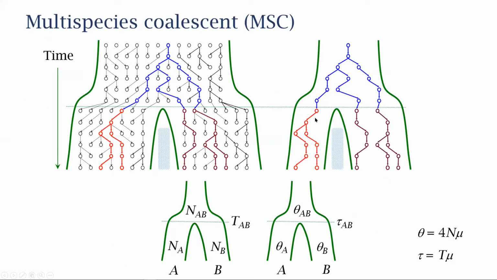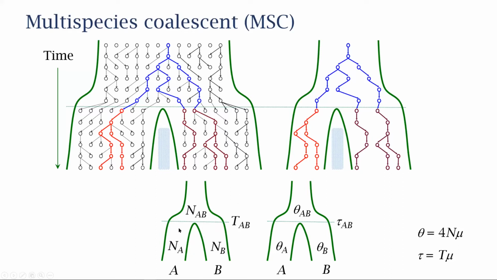The multi-species coalescent is just a very straightforward extension of that single population coalescent to the case of multiple species. Here in my diagram, I have 2 populations that are called A and B. There's a population divergence time or species divergence time. You might say species and populations are synonymous.